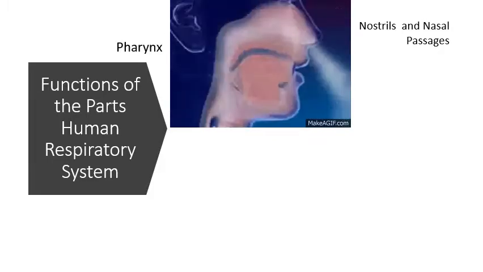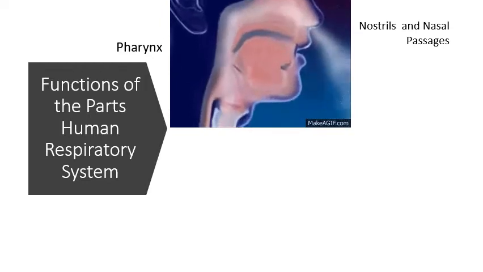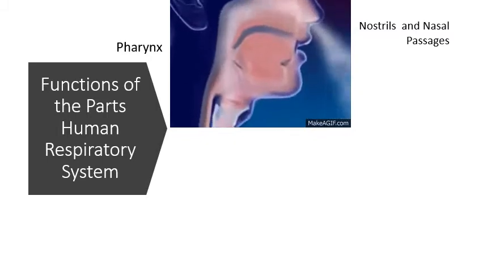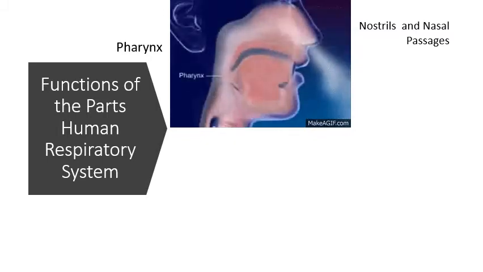Air can also be breathed in through the mouth. The two airways of the nose and the mouth meet up at the pharynx, which is located at the back of the throat. The pharynx carries both food and air and is used for digestion and respiration.